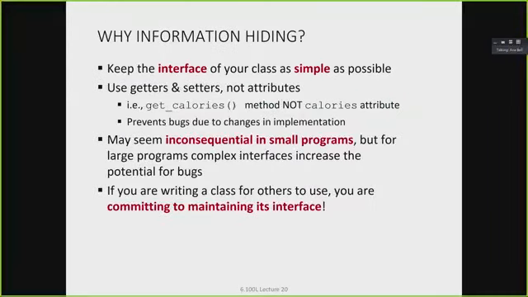So the idea behind using these consistent methods instead of accessing data attributes is that you want to keep information hidden, right? You don't want to start messing around with looking at how something is implemented because that goes against the principle of abstraction, modularity, and information hiding, right?